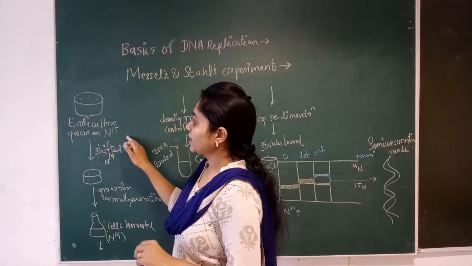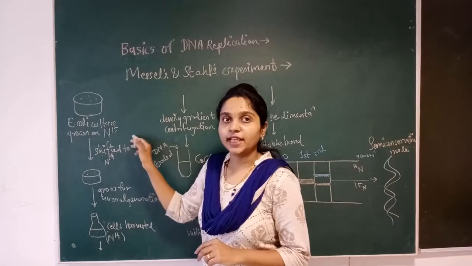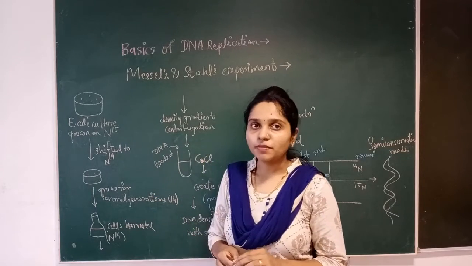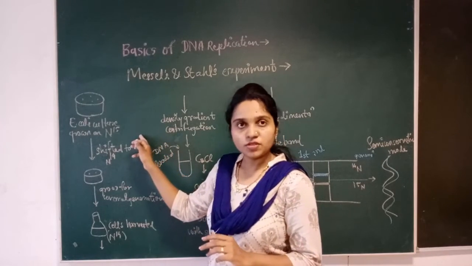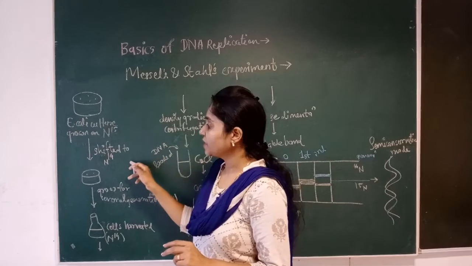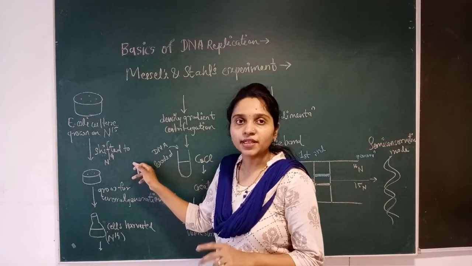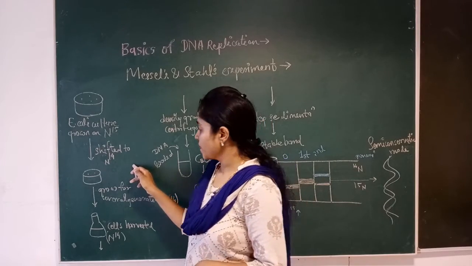The E. coli culture is grown on a medium containing the N15 isotope, which is heavy nitrogen. Okay. They grew cells and those cells were shifted to a medium containing the N14 isotope, which is light nitrogen.